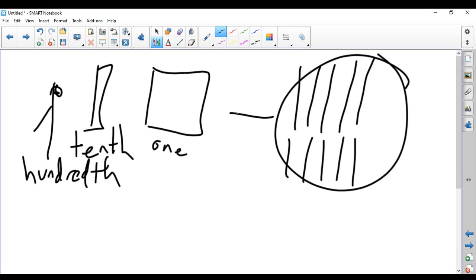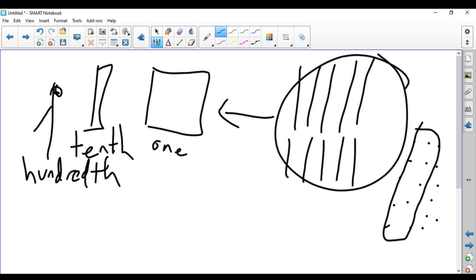I can turn that into a whole. 10 tenths is a whole, so why do I still have them looking like tenths? And then further down that question, it had 17 hundredths. And they said the same thing. I can take these 10 hundredths and I can make them into a tenth. I don't need to keep them in the hundredth form. So that's the idea of regrouping.